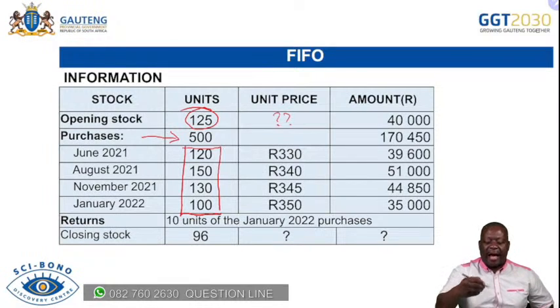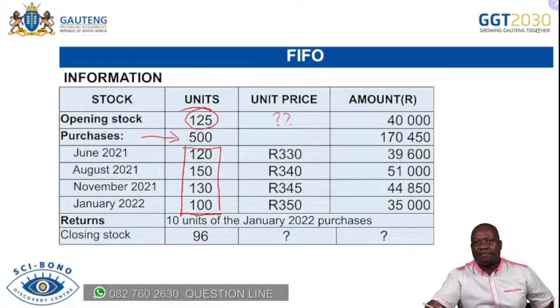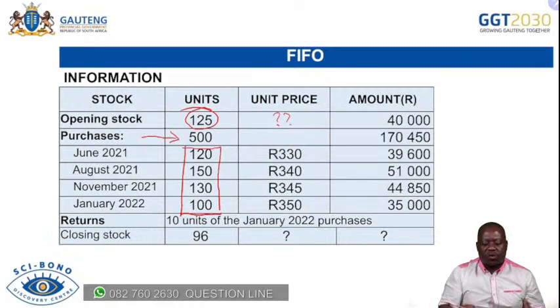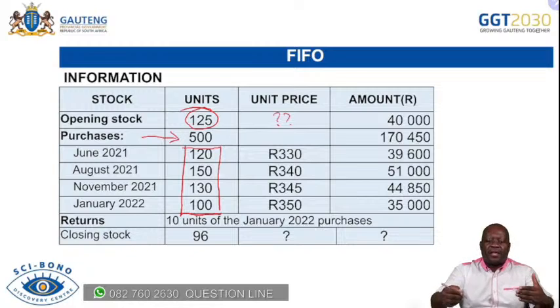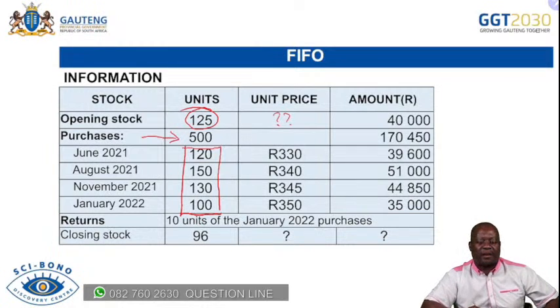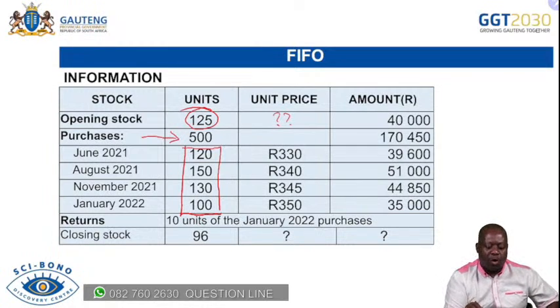So you can see there are 4 different batches here. The June batch, the August batch, the November batch, and the January batch. So it means we went to buy these items at different times. And check something that is also taking place. Every time we go to buy, the price is changing.